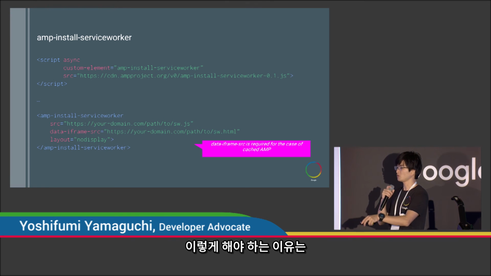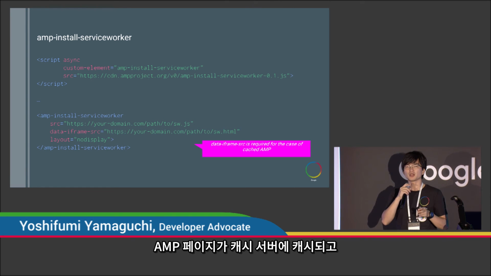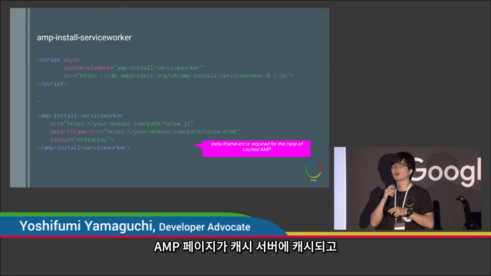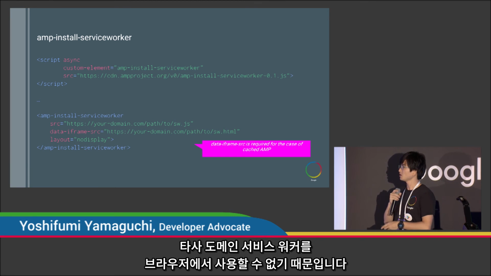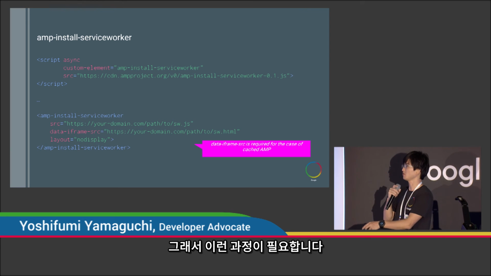The reason this is required is because AMP pages will be cached on the cache server, and with the restriction of service workers, it doesn't allow a third-party domain's service worker into the browser, so that's why you need to do that.